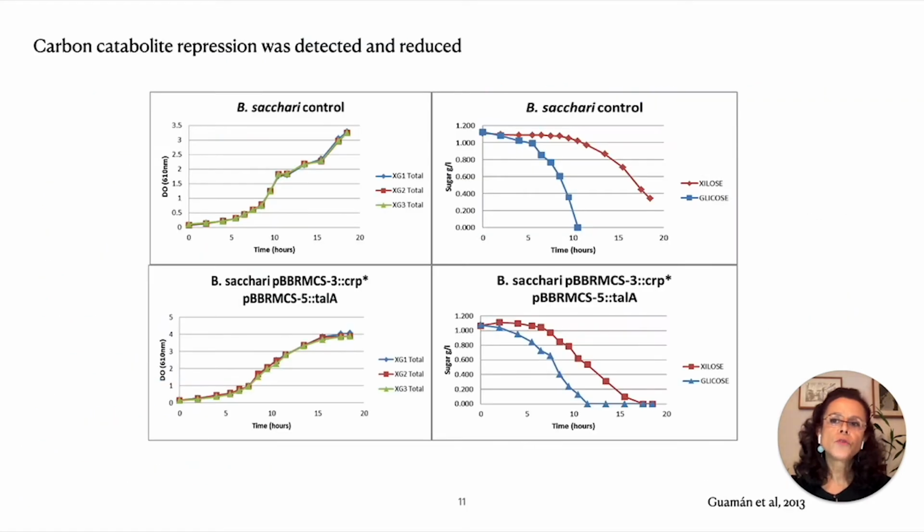For instance, if you go to carbon catabolite repression, we detected the classic behavior that xylose only started to be consumed after the whole glucose had disappeared from the medium, creating this typical two-phase growth curve. But recombinants strategically constructed led to a result where xylose and sucrose could be simultaneously consumed, and we had this very nice growth curve.